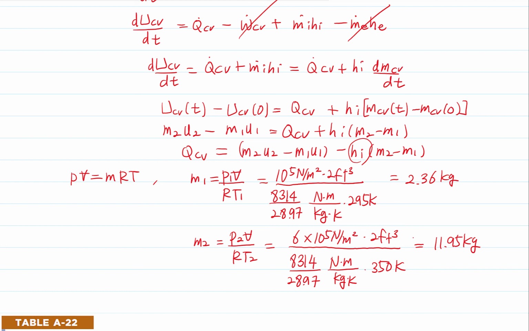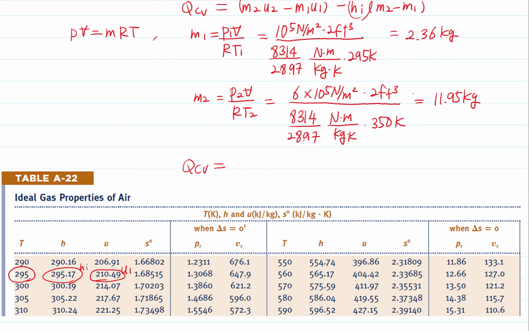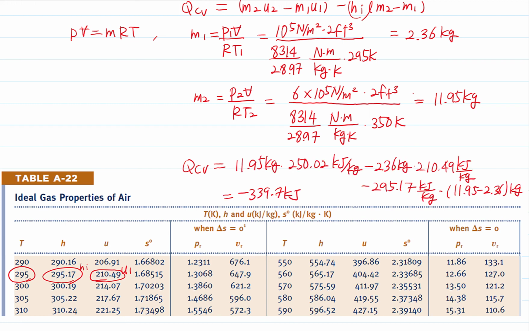The temperature is 295 Kelvin, so h_i is here. So we plug in values. The heat transfer to the system is negative 339.7 kilojoule. This means that heat is removed from the system.